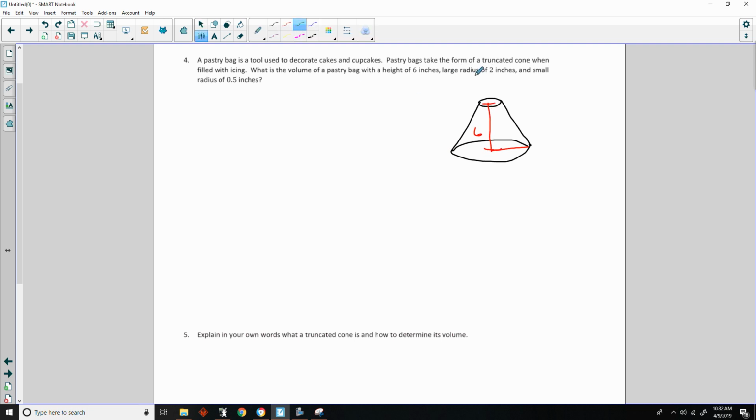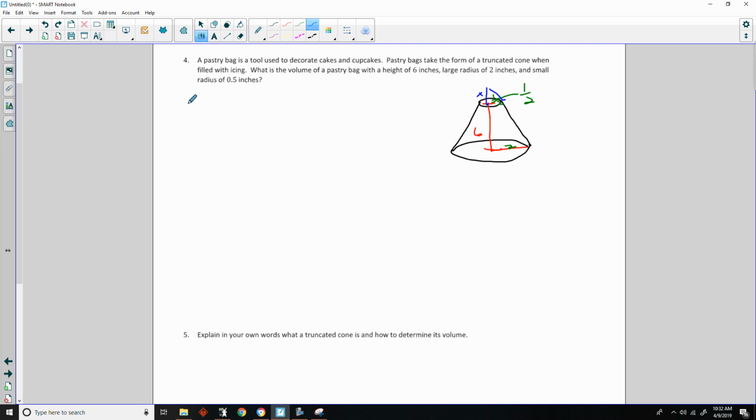And a large radius of 2 and a small radius of 1/2. Okay, let me just draw that out here. Okay, so the only thing we don't know is the height of the truncated portion, x.